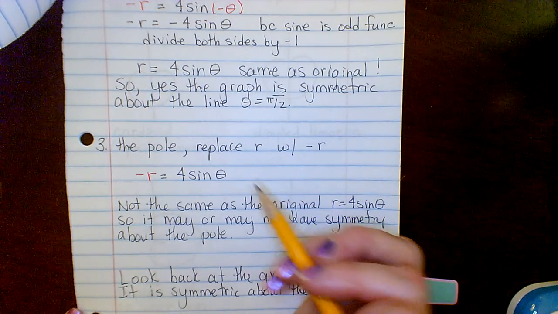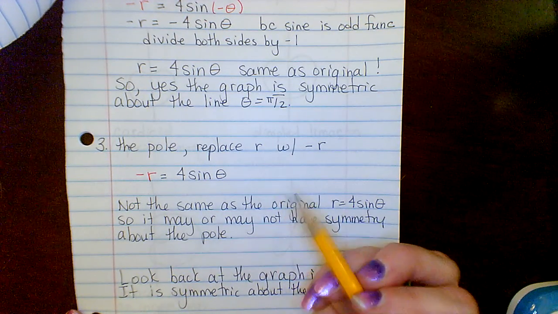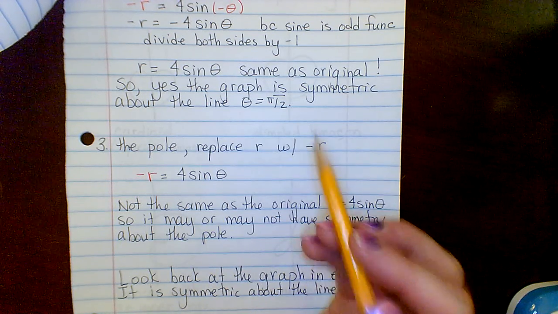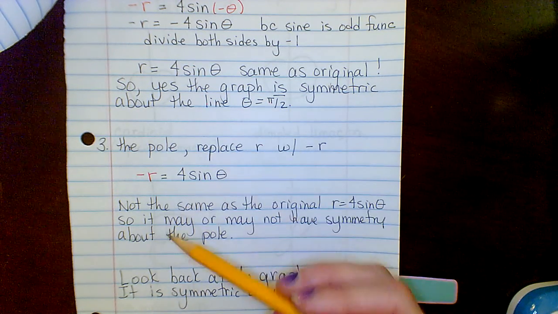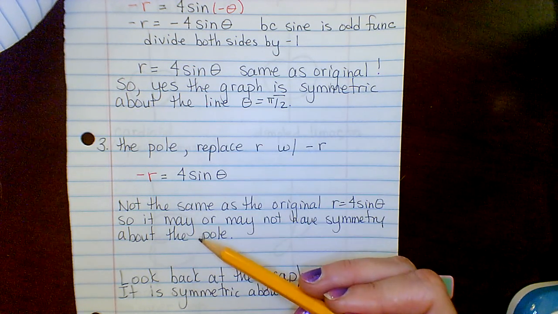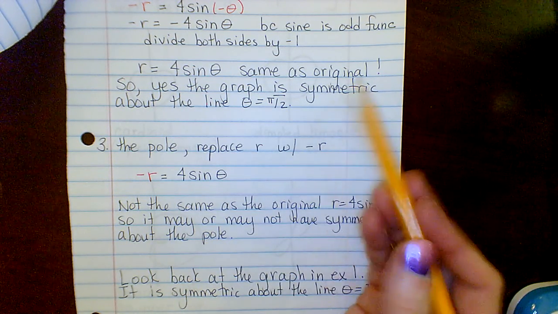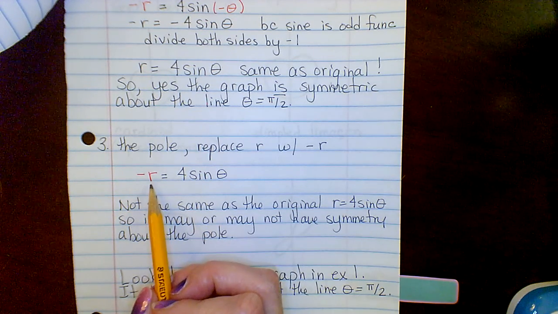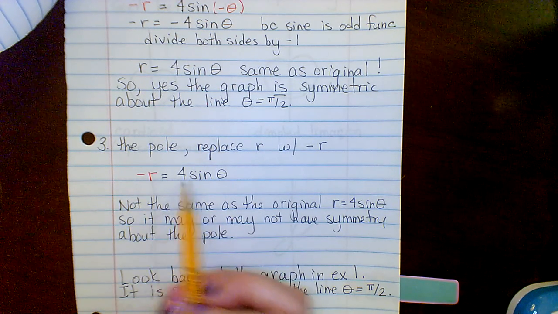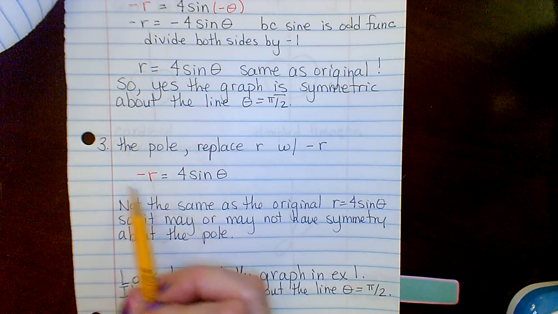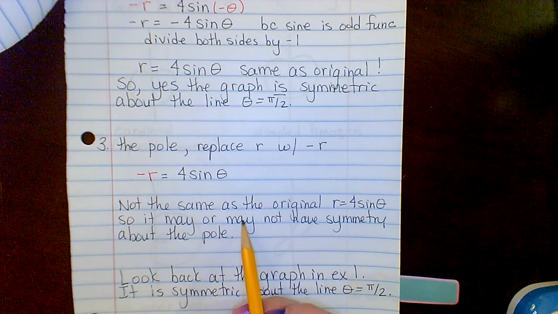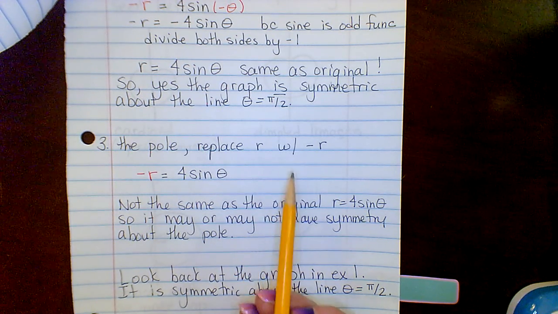Lastly, symmetry about the pole, that's the origin. For that one, we're going to replace r with negative r. That's because if it's symmetric about the pole, you can think of that as a diagonal kind of symmetry, where the r values are opposites. So going back to my original equation, r equals 4 sine theta, now I'm going to change that r to negative r. All right, well, that's not the same. How are they going to end up being the same?